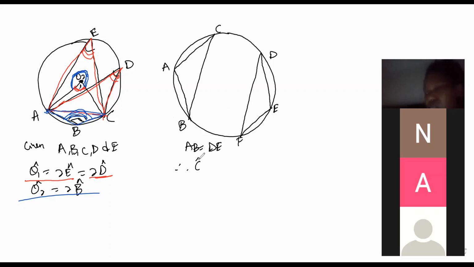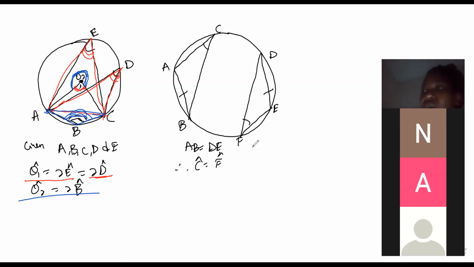Then the conclusion is C is equal to F. Let's read the theorem. So this is equal to that, that means this angle is equal to that. So that theorem, let's see where it is so we can read it out.